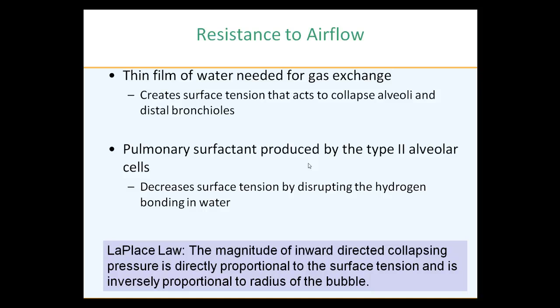And so what the surfactant does is sort of make it equal for you to inflate the small alveoli equal to that of the large alveoli. And so it's important to distribute the air and make it much easier for you to breathe in and out.